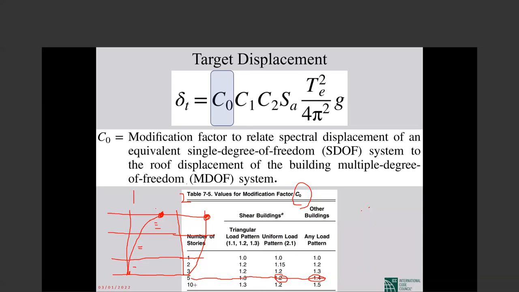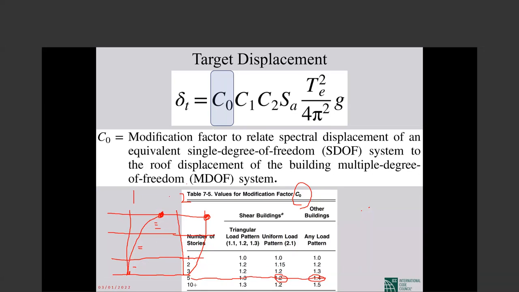So in summary, what is the C0? C0 relates the elastic deformation of a single degree of freedom system to the elastic deformation of the multi-degree of freedom system. And because it's elastic and linear, it is a pure structural dynamics discussion, and this kind of table is just to make it easier for professionals, so they do not have to go through the formulation.